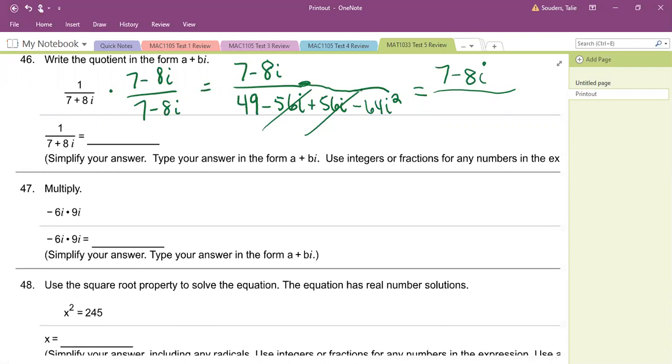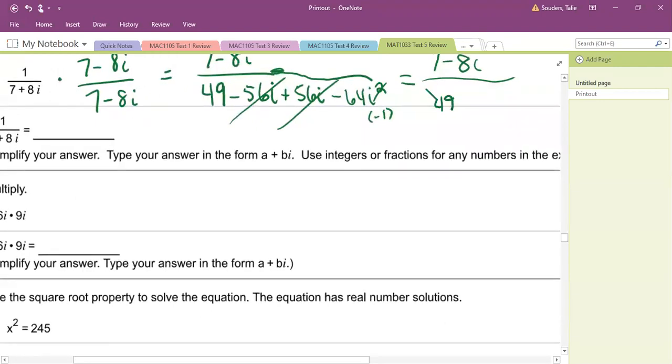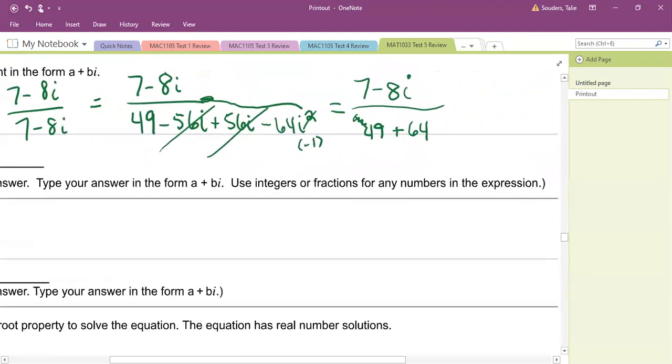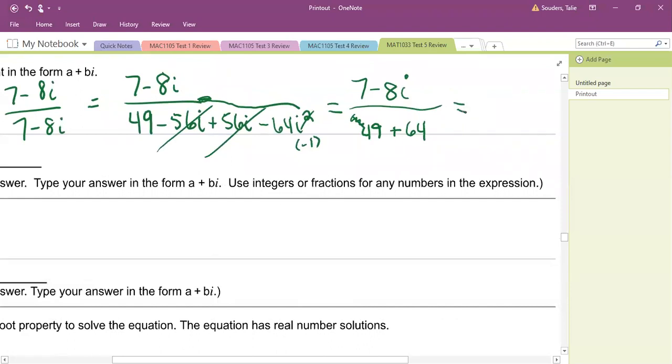Here, when you're dividing by a complex number, your goal is to get i out of the denominator, right? Which is what we're working on. So what do we know about i squared? Negative 1. So if this is really -1, then this whole last term becomes what? 49 and then what? Plus 64. Good. And what is 49 plus 64? 113.